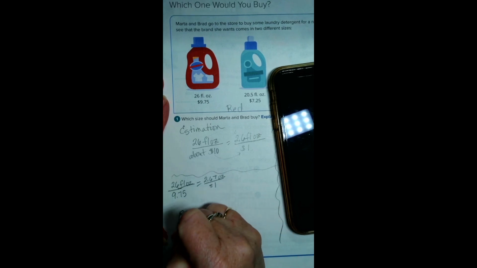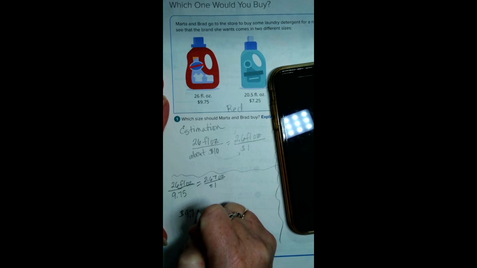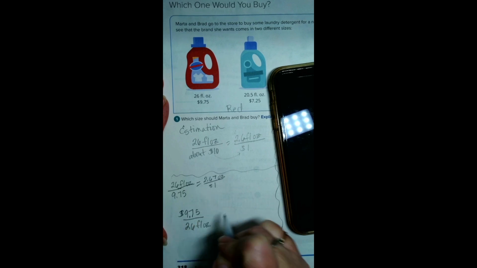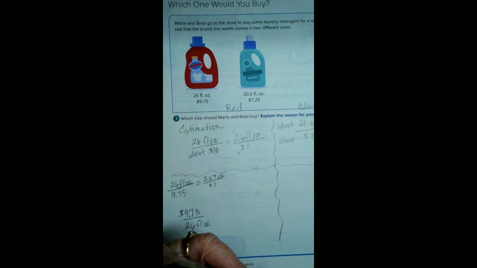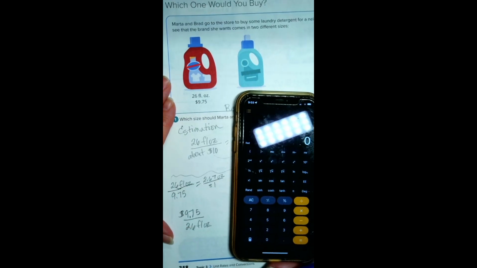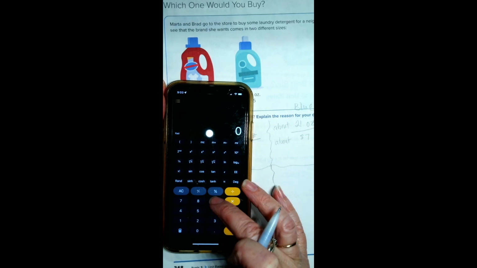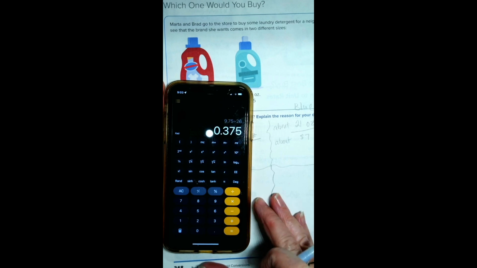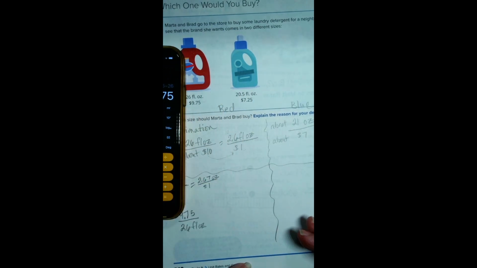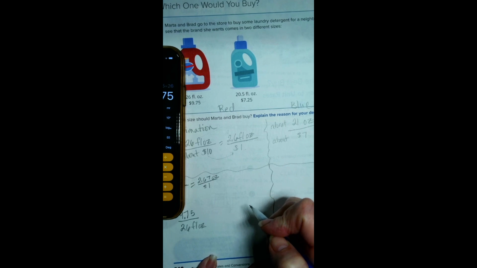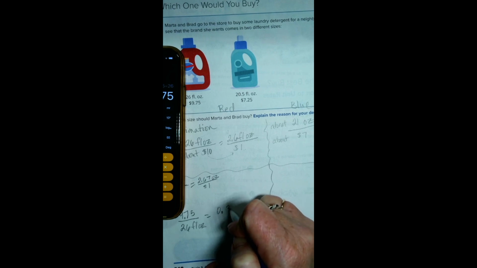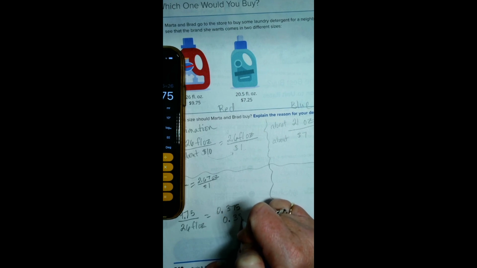So if we start with the money, we say $9.75 for every 26 fluid ounces. Then if we divide that, we do $9.75 divided by 26 fluid ounces, we get that it's 0.375, which in money will round to 0.38.